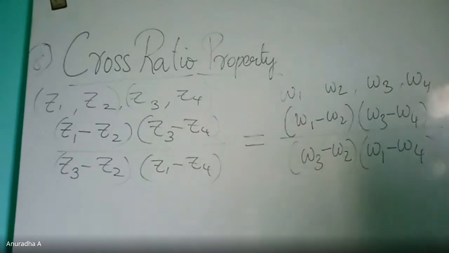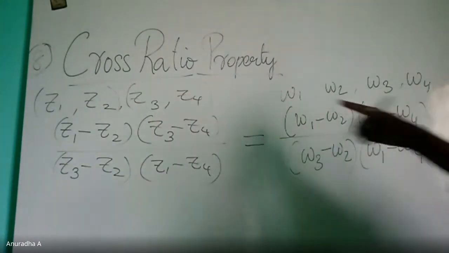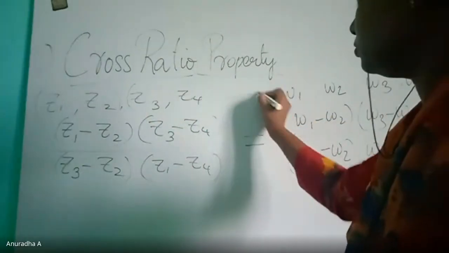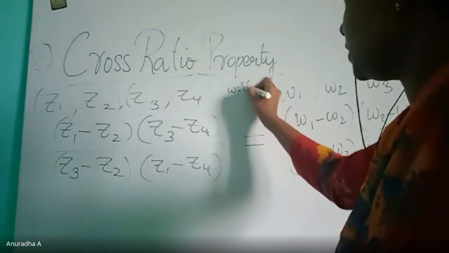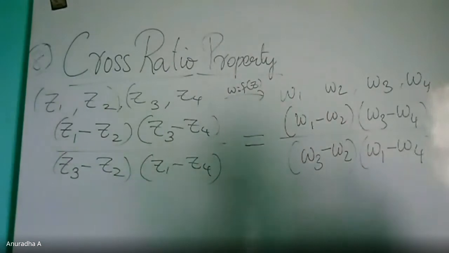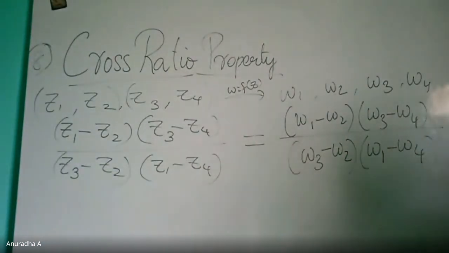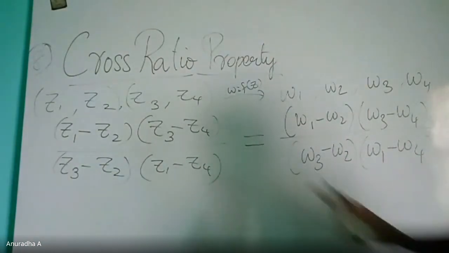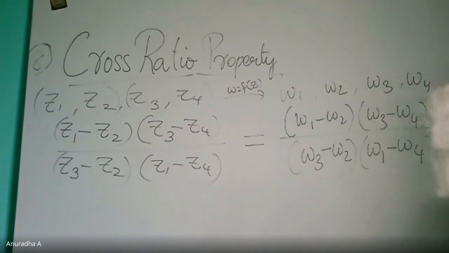If the given transformation between Z and W, that is W equal to F of Z, is a bilinear transformation, this cross ratio will be the same. That ratio value will be the same. So how to write it in words for MCQ?